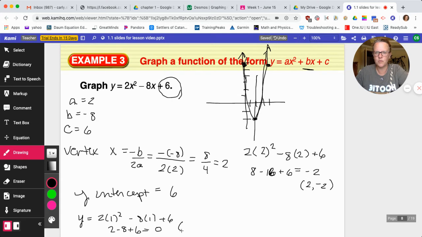So I can get one more point of 1, 0. It'll be right here, and that will also reflect over to there. That's terrible, but you see the point. So we've drawn a parabola through those points and everything is grand.